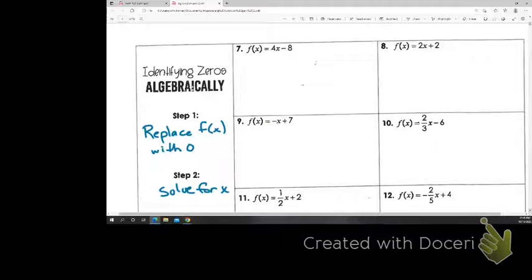So the entire f of x becomes a 0, so that we're setting the function equal to 0. And then we just need to solve to get x by itself. So in this case, nice short 2-step equation, we're going to add 8, and then divide by 4, so x is 2.